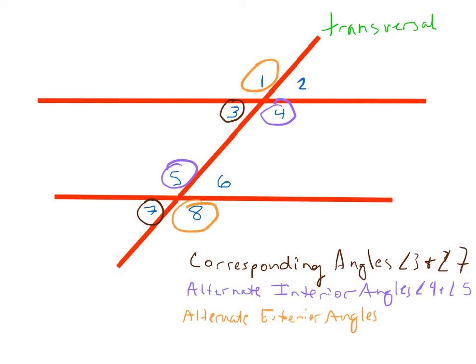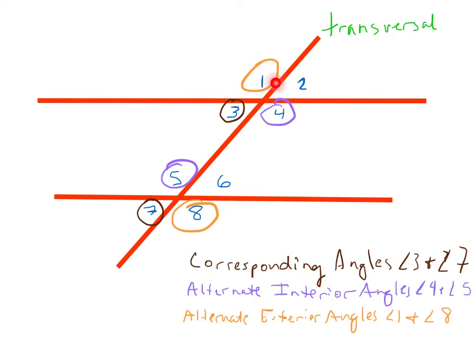They are on the exterior this time. They are alternate because they're on the opposite sides of the transversal. And in the case of 1 and 8, again, the angle measures are going to be the same. So angle 1 and angle 8. The other alternate exterior angles would be 7 and 2. So those are 3 more terms for us.